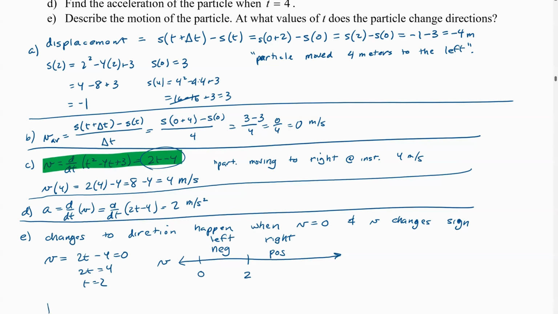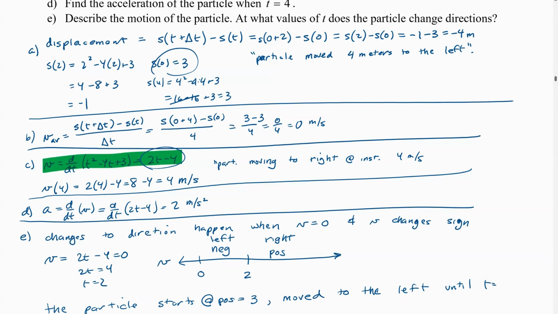So we could say the particle starts at position, we calculated that there, started at position 3, moved to the left until time equals 2 seconds.